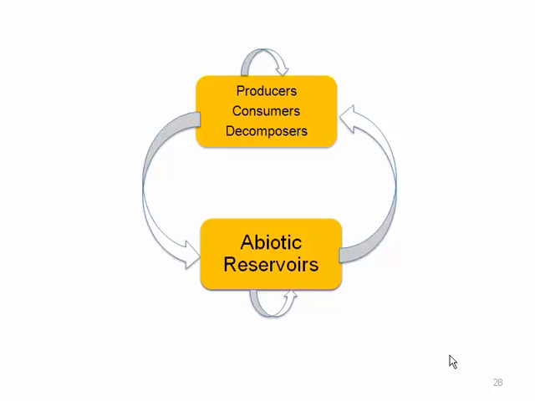But they can also pass into abiotic reservoirs, such as the atmosphere, the hydrosphere, the lithosphere, or solid rock and soil parts of the earth, and then likely at some point be returned back to the biological systems of the biotic reservoirs. So there's a very complex but connected relationship between abiotic and biotic systems with regard to how nutrients and elements cycle on the earth.